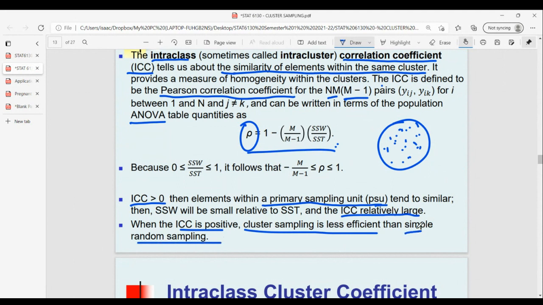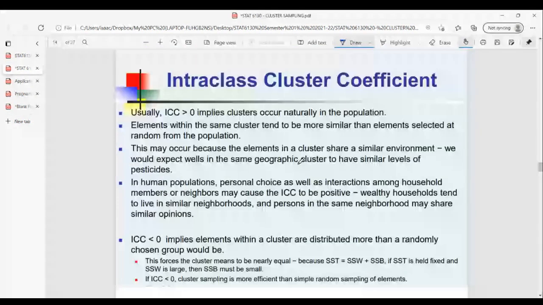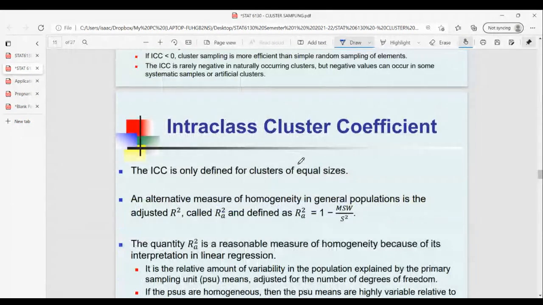So this gives us an idea of the relative efficiency of cluster sampling. So in one go, we could actually say whether it is more efficient or less efficient just by doing what? Doing an ANOVA table. Now, let's drop down and actually do one and see how it's done.